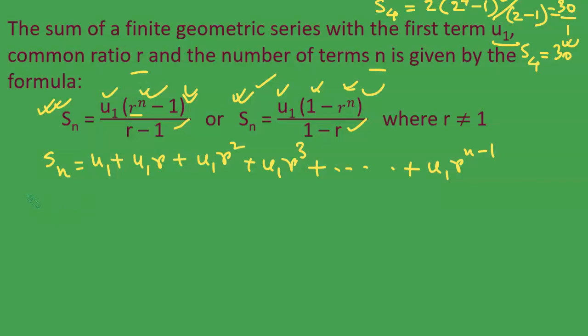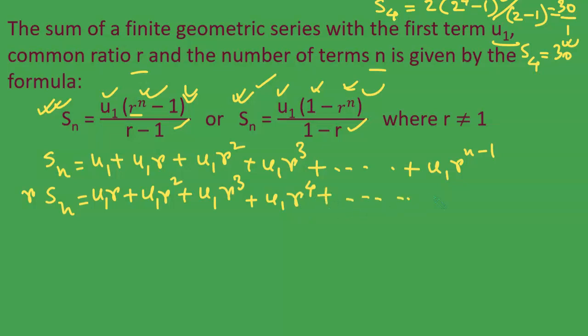Therefore, let us multiply this equation by R. If we multiply this entire equation by R, the first term becomes U1 times R plus U1 R square plus U1 R to the power of 3 plus U1 R to the power of 4. It continues, plus the last one is U1 R to the power of n.